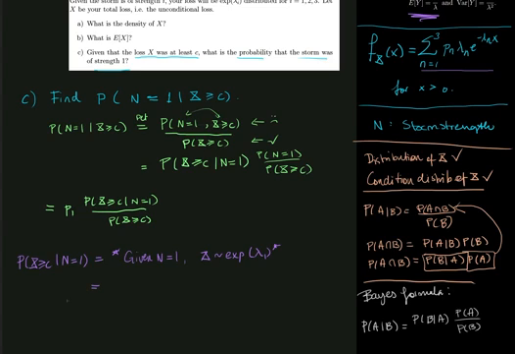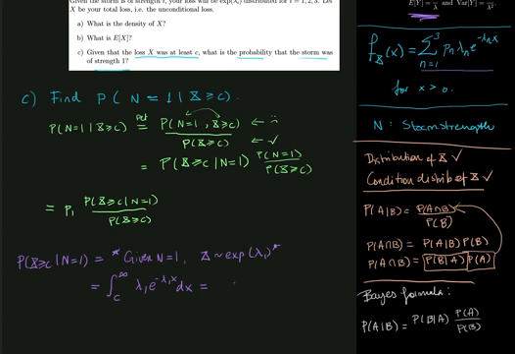And that means that to find this probability, I can integrate the density of x given n equals 1 from c to infinity. And that density is exactly the exponential density with parameter lambda 1, which is lambda 1 multiplied by e to the minus lambda 1 x dx.